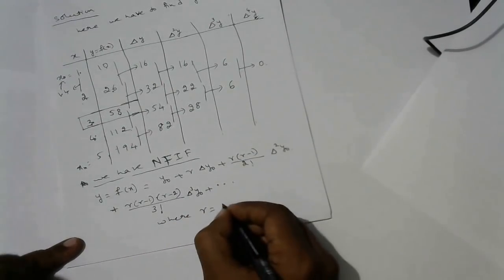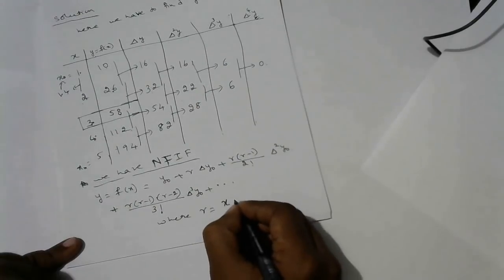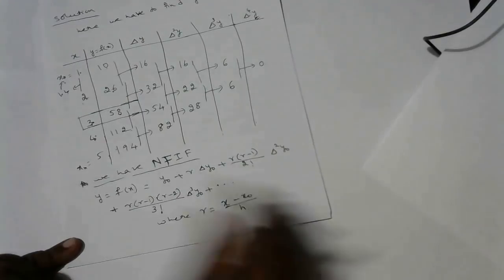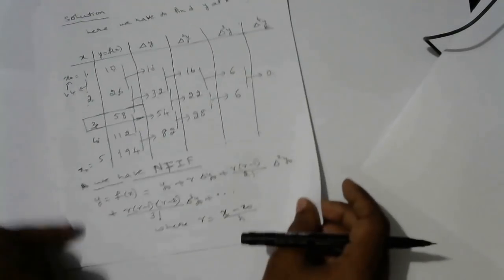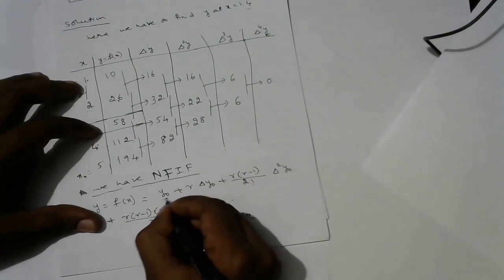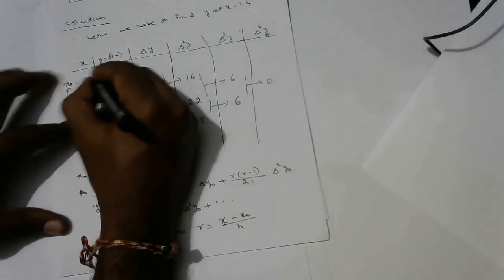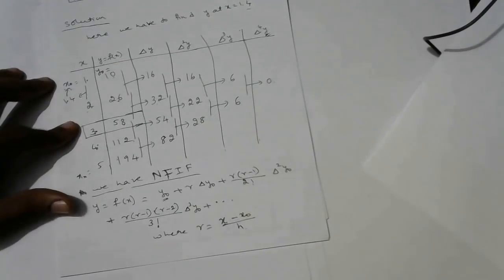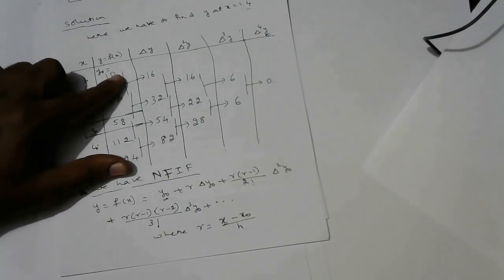Where r equals x minus x naught divided by h. Now look here, you have to find out the y naught value. This is x naught, so the corresponding value is y naught.